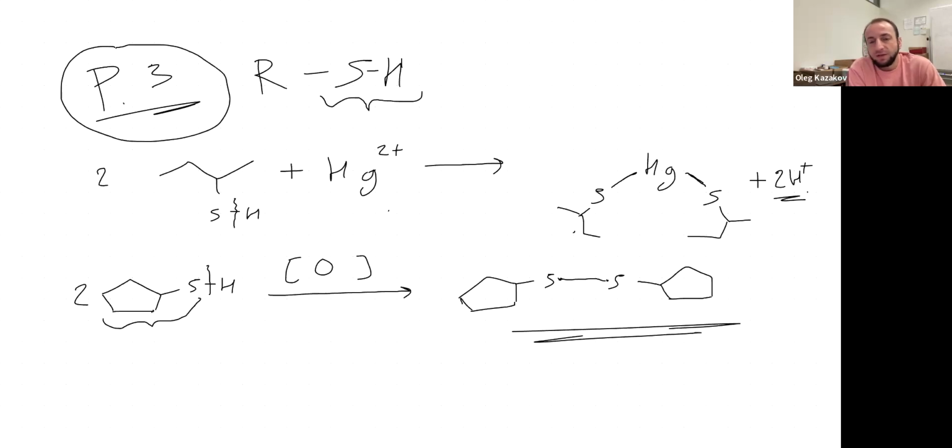So we start with two monomers, two molecules of that compound, connected via the sulfur bridge to make a bigger molecule, which is a dimer consisting of two molecules of this thiol monomer.